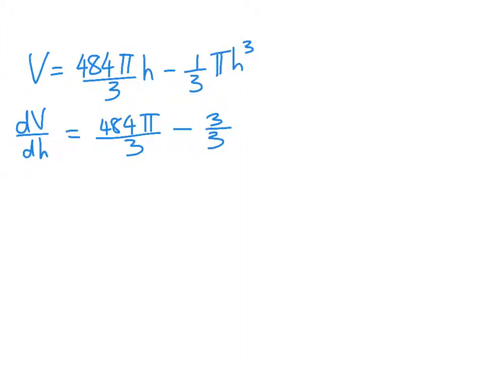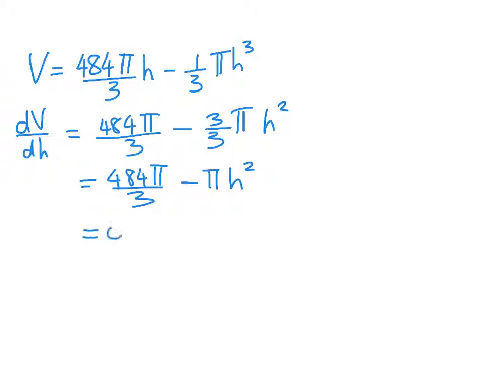Leave them as pi's until very near the end. So that's what we've got here. Simplifying again, that's what I end up with. Okay, and we want that to be equal to 0 for a maximum.